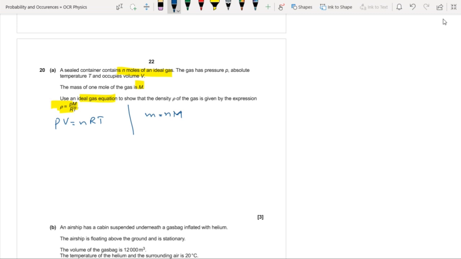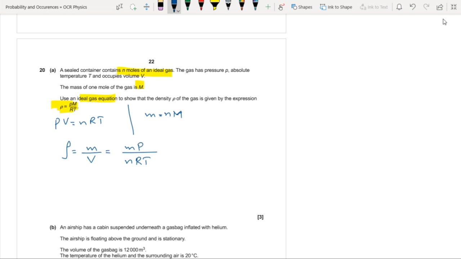Also, we see this time density, so we may use the density formula, which is pretty straightforward. That is mass per unit volume. If we plug in the expression of volume from the ideal gas equation into the density one, we would get nRT divided by p, and we can shift it to the numerator, p.